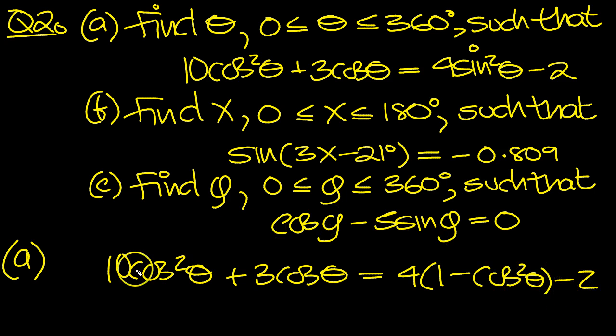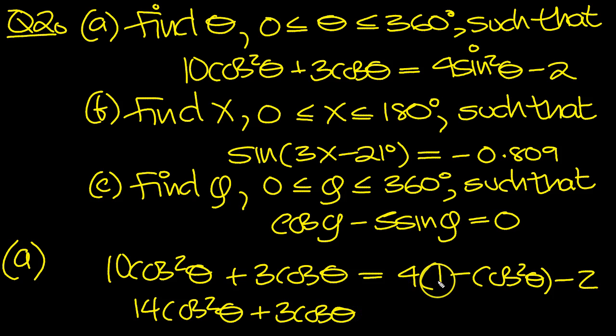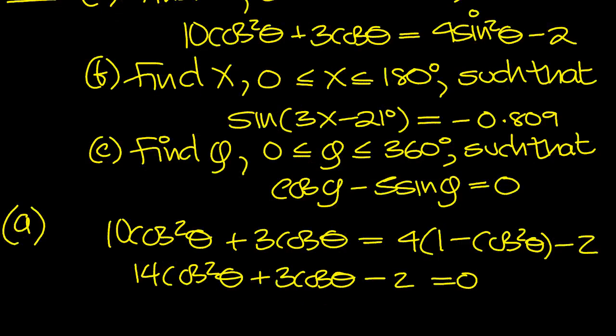Let's take all the cos squareds over here. We've got minus 4 come out here. Move that over, we get 14 cos squared theta, then 3 cos theta here. And numbers wise, we've got a 4 here, minus 2 is 2. Move that over to minus 2. And there's nothing left on this side now. So that's what we've got here.